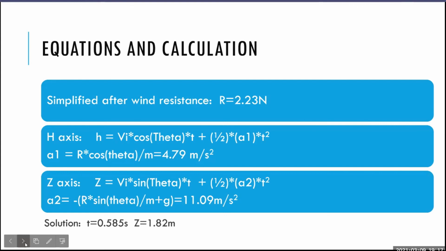We can solve t equals 0.585 seconds, and z equals 1.82 meters. The ball takes longer to reach the goal than without air resistance because of air resistance.